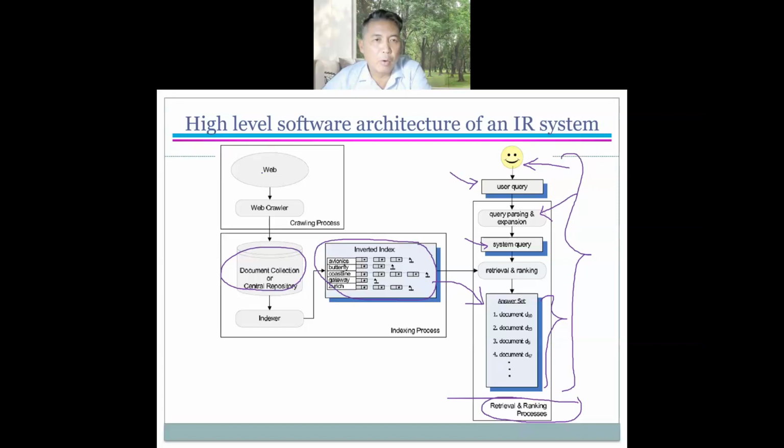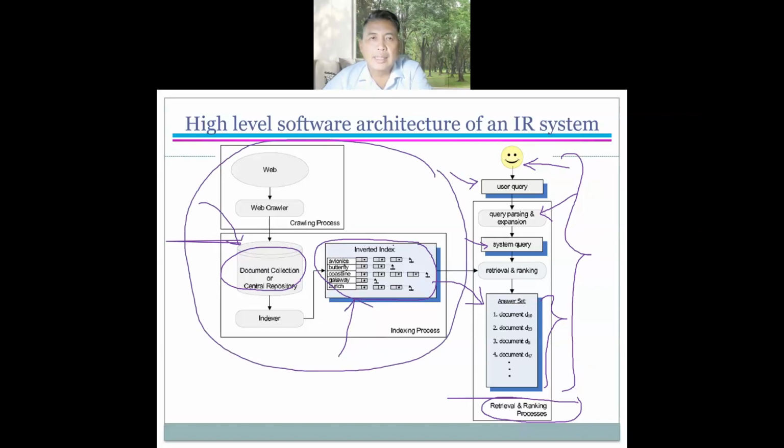Over this side, the web will be crawled by the crawler, and then they will get the documents and index them. And this is what we call the indexing process. Okay? So our task in this course, we will focus more on this side of the area. We are looking at the retrieval and ranking process.